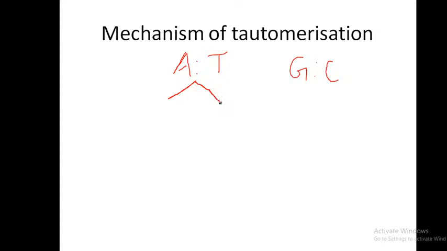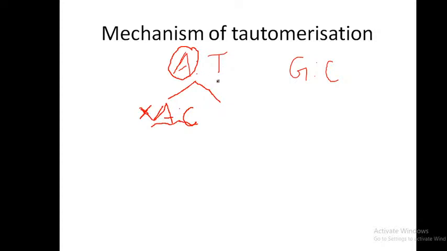But if tautomerization happens to A, instead of pairing with thymine, adenine pairs with cytosine. This is an improper, wrong base pairing.